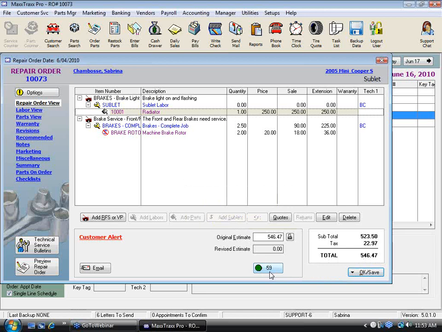And then if they say, you know what, that's just a little bit too much, now you can say to yourself, I'm at 59%. I've got a little wiggle room. Or you may say, I lost my butt on this job, so I'm holding tight on this number. But it gives you an opportunity, before the opportunity is gone, before they've picked up their vehicle and made their payment, on every single solitary job to know, did you get the most you could out of it?